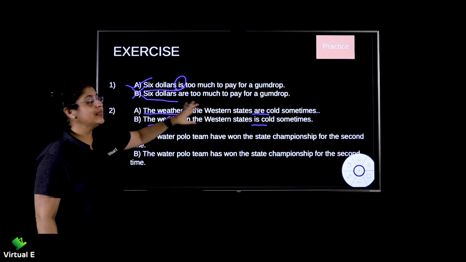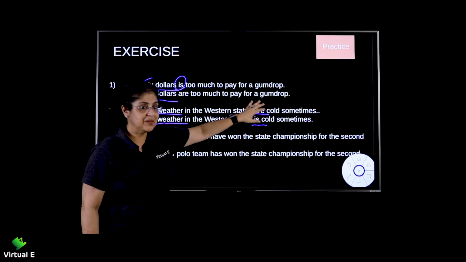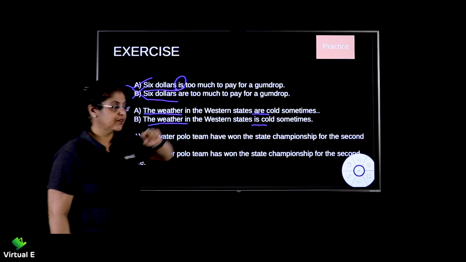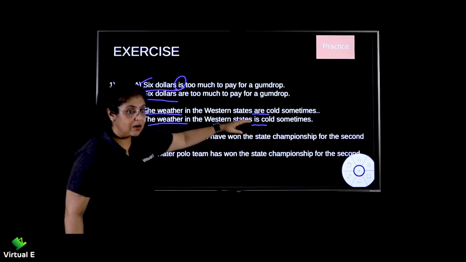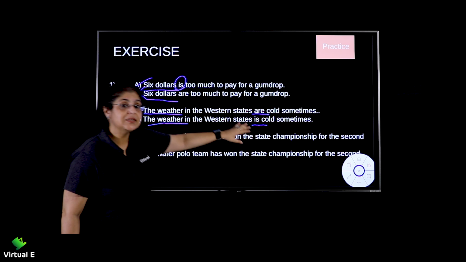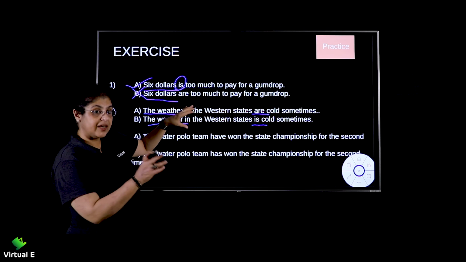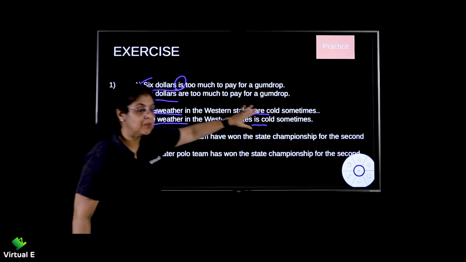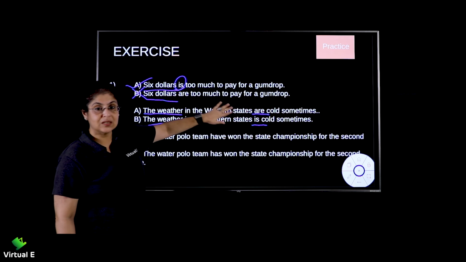Now, the weather in the western states. Do we consider the states so that we take are? No, my friends. We will consider the weather. So the weather are or the weather is, you remember the very second rule we had learned? Yes, this is that phrase in between. So we have to remember the verb has to connect to the subject. It has nothing to do with what's in the middle.